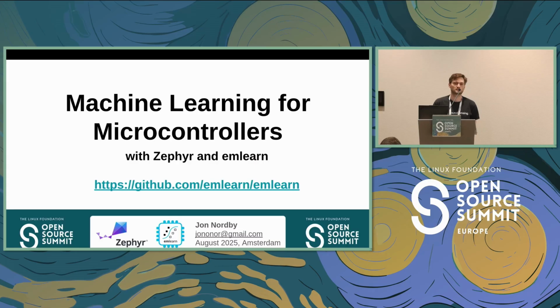Yes, so the question is, have I found any gaps in the Zephyr ecosystem, and what could be improved for these kinds of applications? Well, the sensor API part has already been addressed, and the better handling of larger or batch data streams is already going in the right direction, so that's great.